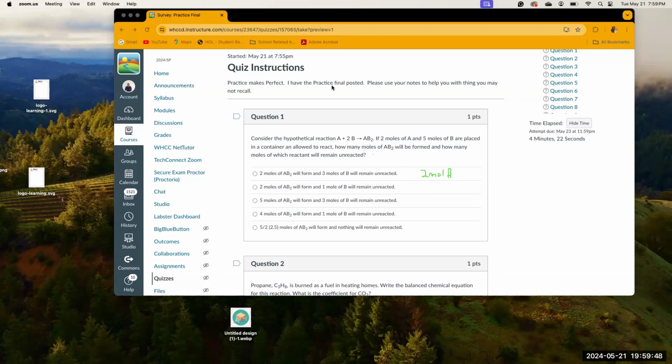And let's see. We look at our mole to mole ratio. So for every A, 1A, we have 1 AB. So it's a 1-to-1 ratio.